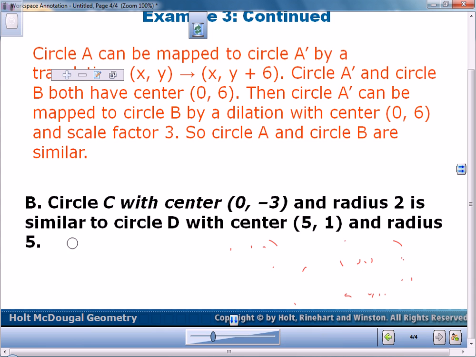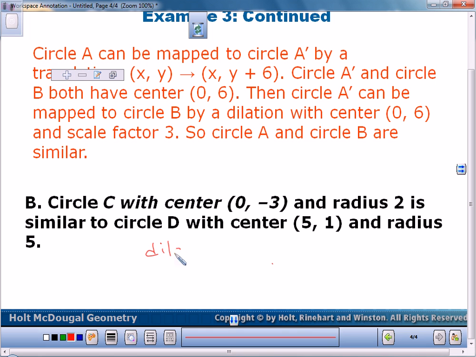So, what is the dilation? 2.5. A dilation of 2.5. And what was my translation? How do I go from here to here? Right 5, and up from here to here, 4.